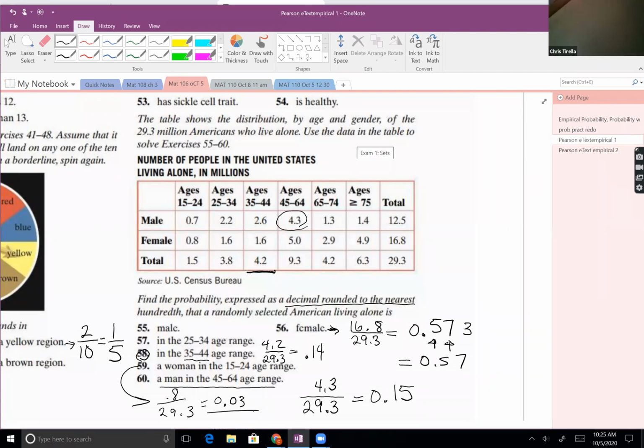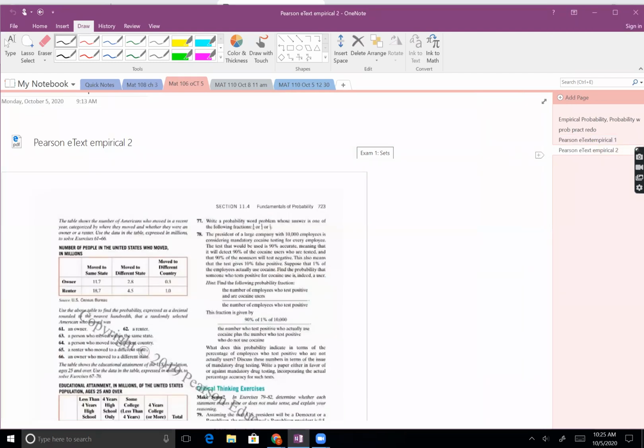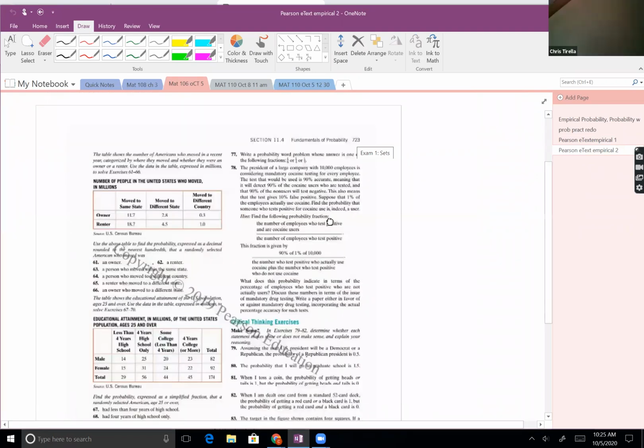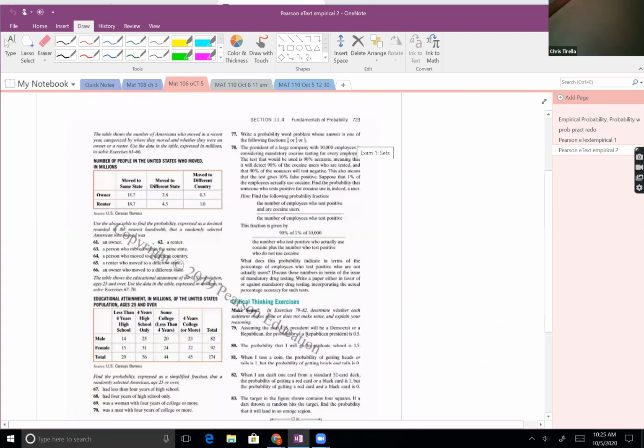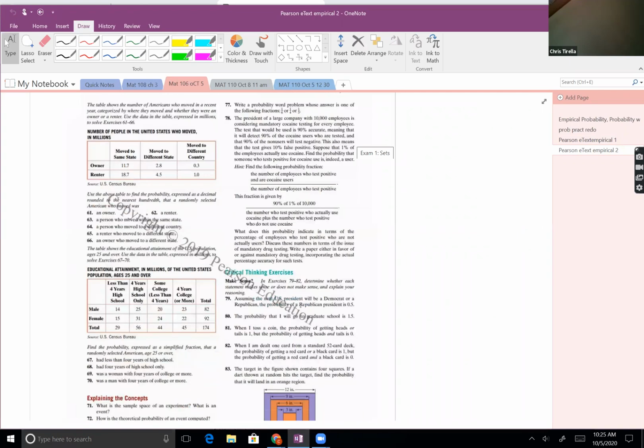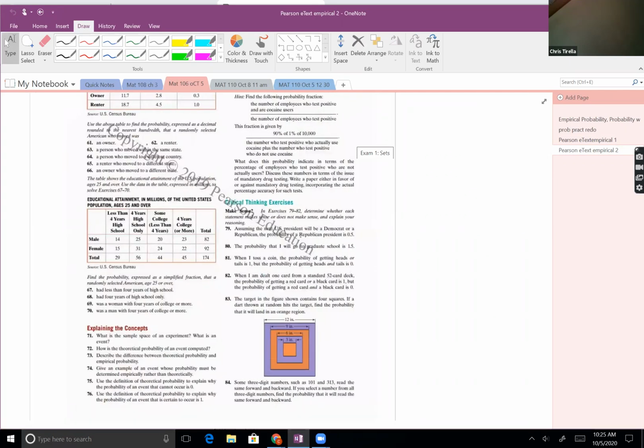Should we look at another table just to make sure? When I download pictures from the virtual book, they put a little watermark in the middle, and I hate reading through the watermark.